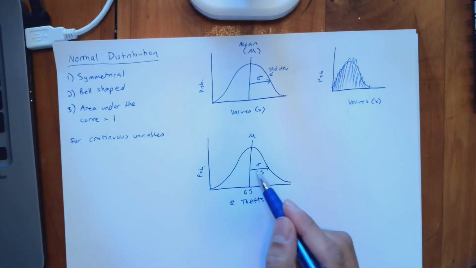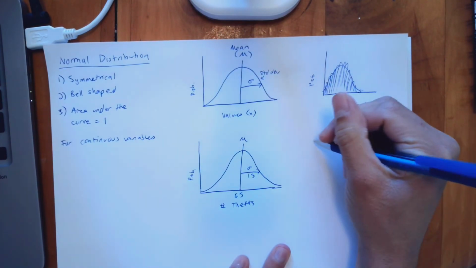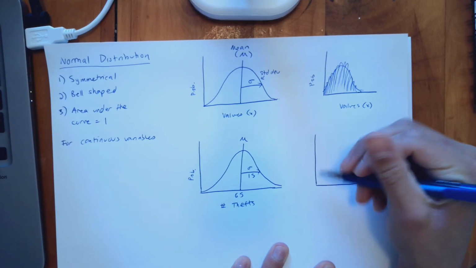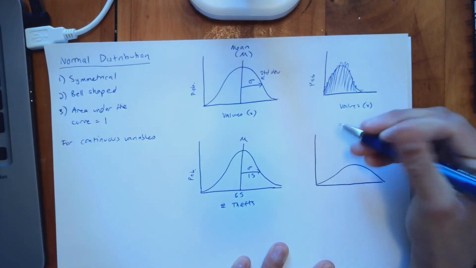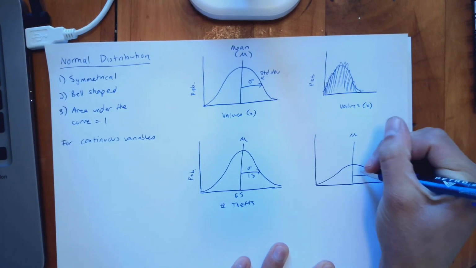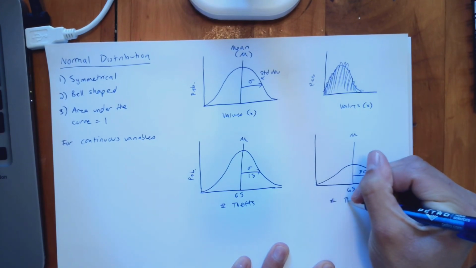The standard deviation here tells you how spread out your probability distribution is. So you could also imagine a different probability distribution that looks like this. And here, this one's going to have the same mean.